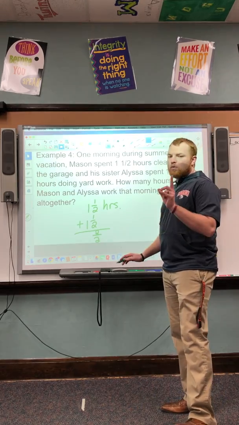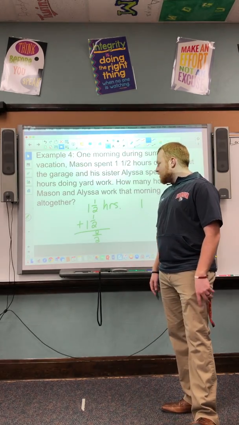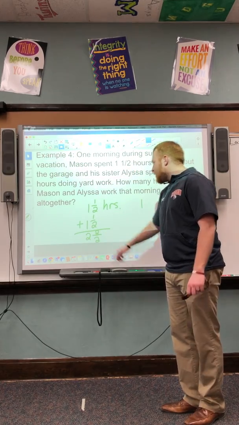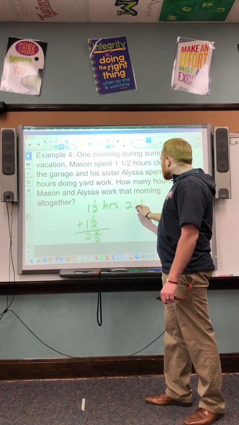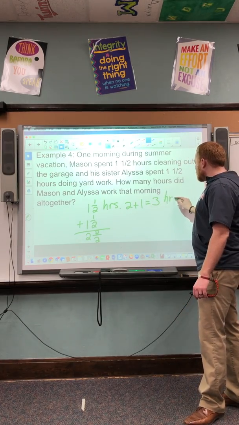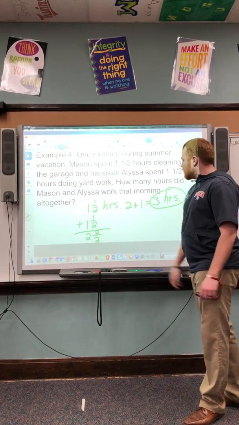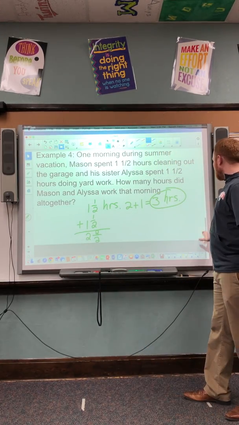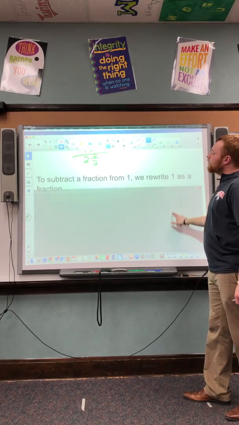So that would equal 1 whole. So we would put that to the side. 1 plus 1, we'll do the whole numbers, is 2. So we would have 2 plus 1, which equals 3 hours. That's how much time they spent on their work that morning.